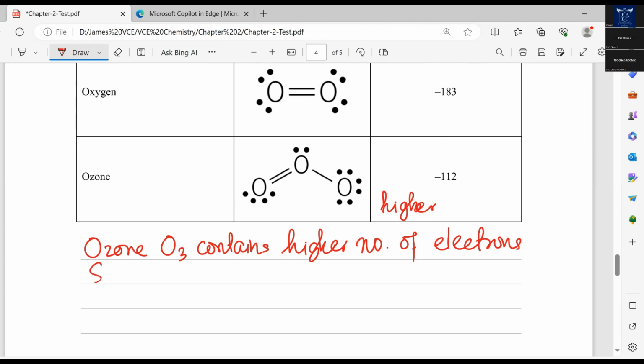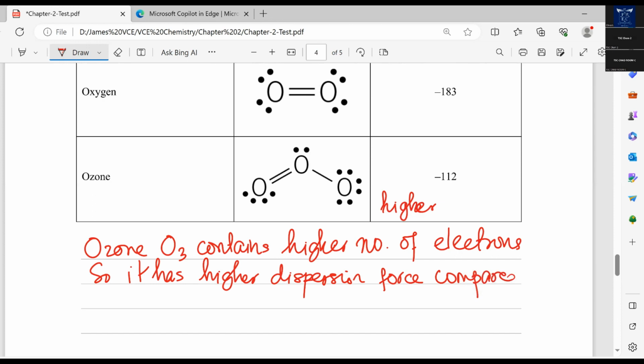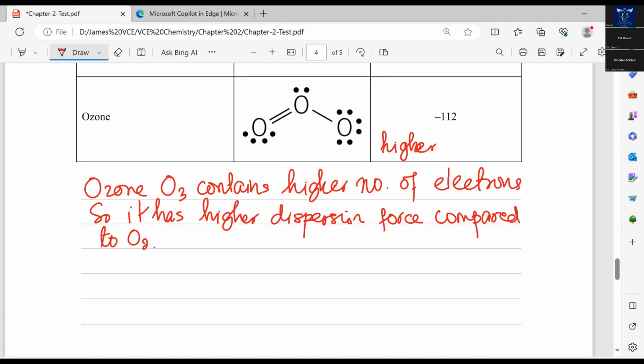So it has higher dispersion force compared to oxygen. So that's the first step. You must also mention that. That's one point.